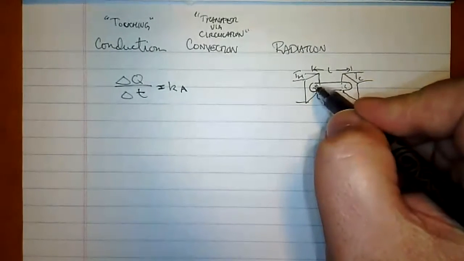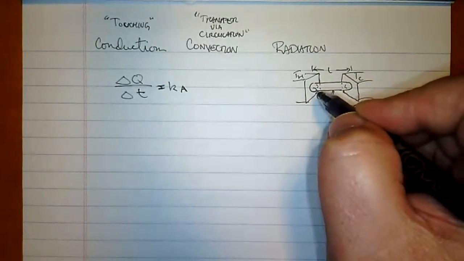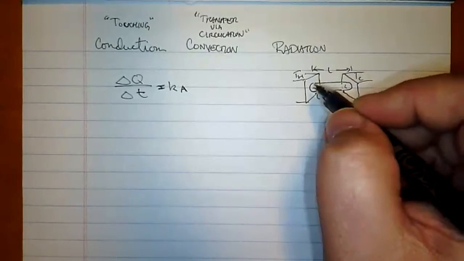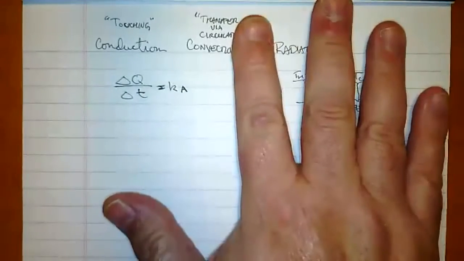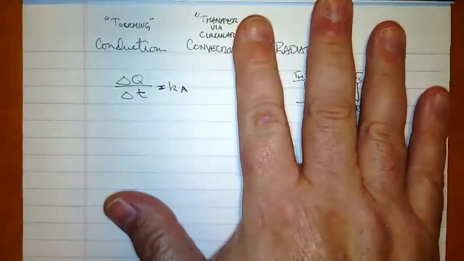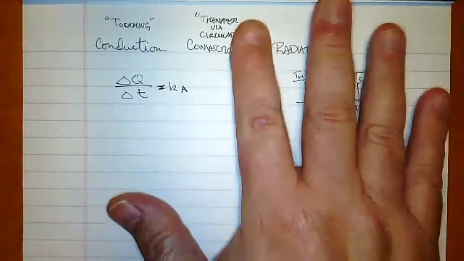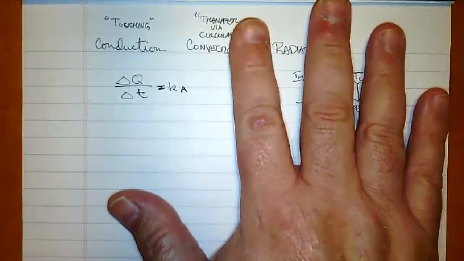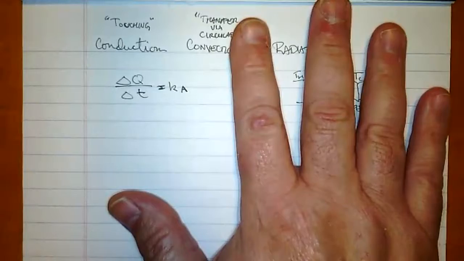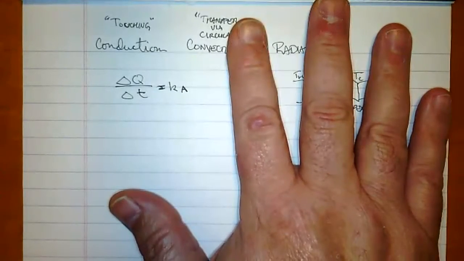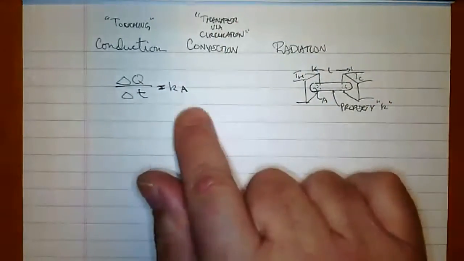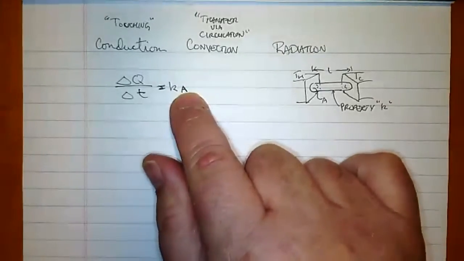If you've got a hot reservoir and you're trying to warm yourself up on a cold day, if you lay your hand on it, that's going to feel pretty good. If you lay two hands on it, that's going to feel even better. If you maybe take your clothes off and lay on top of it, and you're not too bubbly like me, then a lot of that surface area can touch the surface, and therefore the larger the area, the more heat that's transferred to you per unit time. So that should make perfect sense.